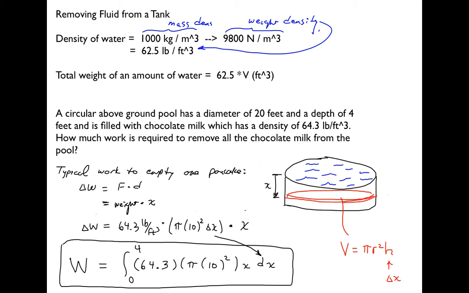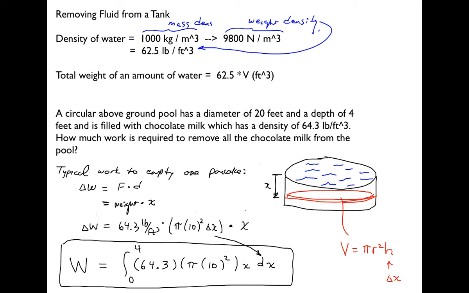So how much work does it take to get the highest pancake out of the pool? So it's the force, the weight of the pancake, times 4. And then there are different pancakes, and in the bottom, the distance they need to move is 0. You got it backwards.